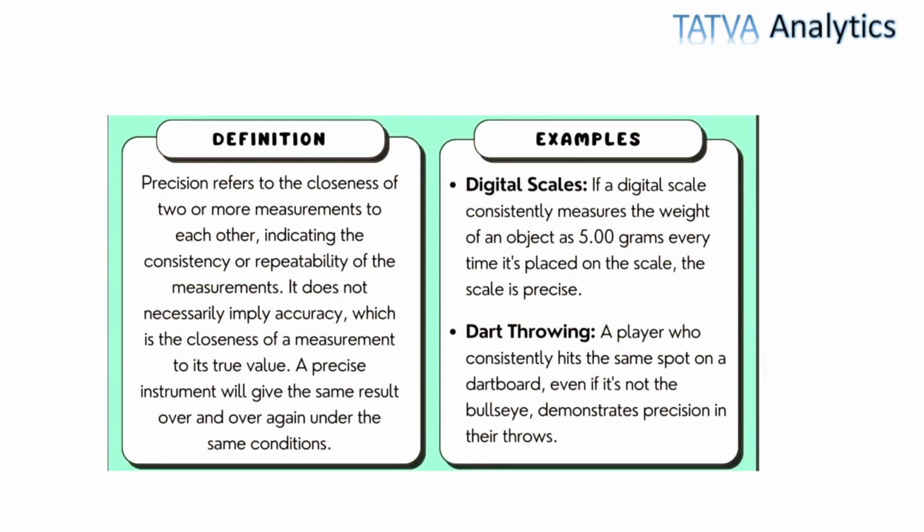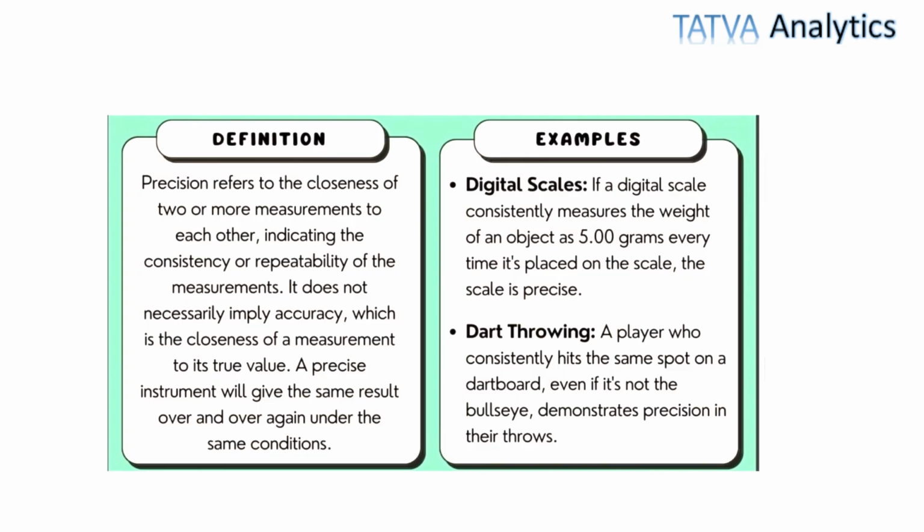Precision refers to the closeness of two or more measurements to each other, indicating consistency. It does not necessarily mean it is accurate. For example, if a digital scale consistently measures a weight of 5 grams every time an object is placed on it, the scale is precise. In dart throwing, if a player consistently hits the same spot on the dartboard, not necessarily the bullseye, he is consistent in his throws.